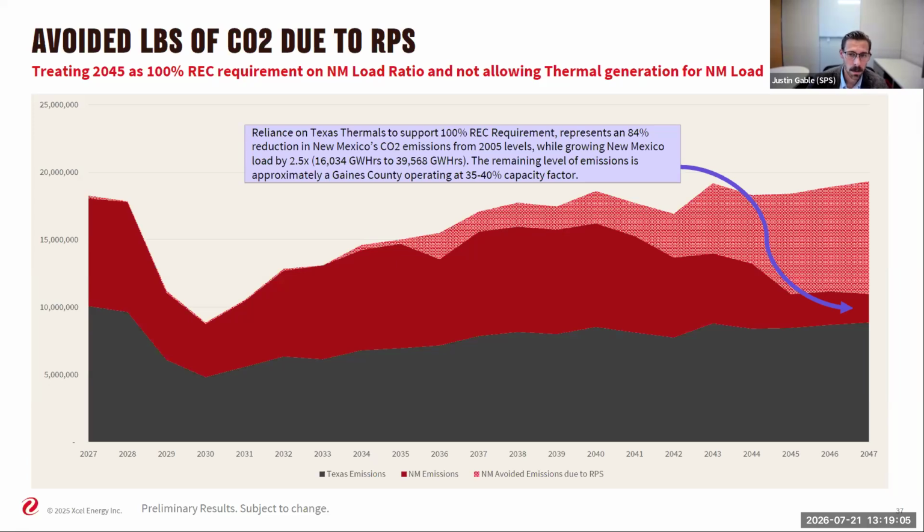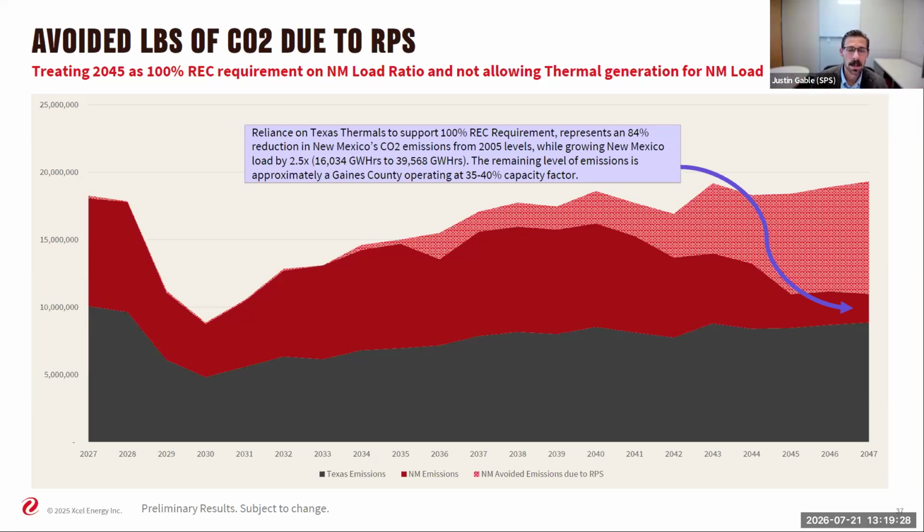In fact, it's an 84% reduction as compared to 2005 levels, even though the system is growing today by 2.5 times. Now, what we are seeing past 2045 annually is that the remaining level of emissions is approximately a Gaines County amount.